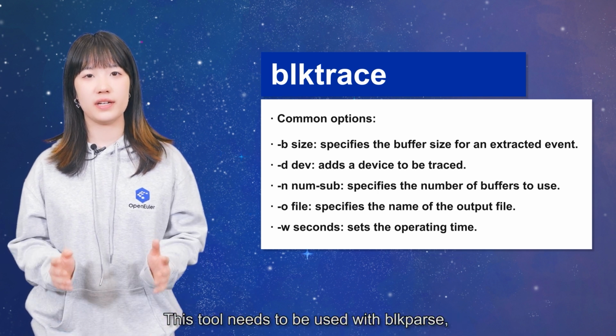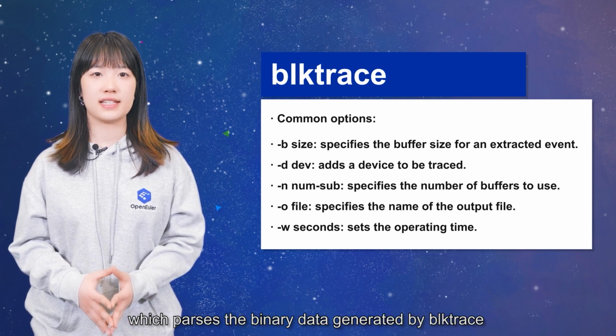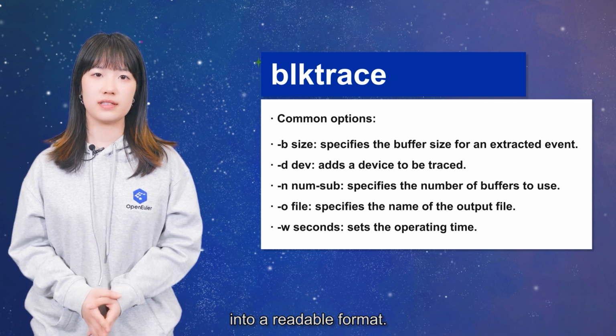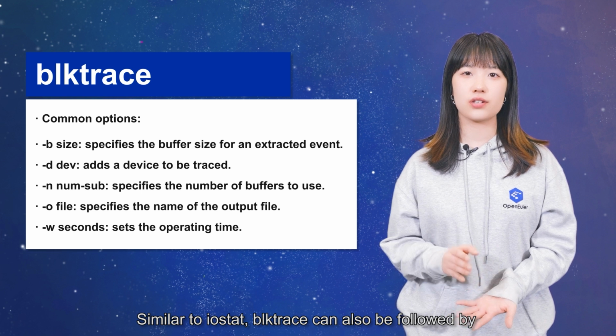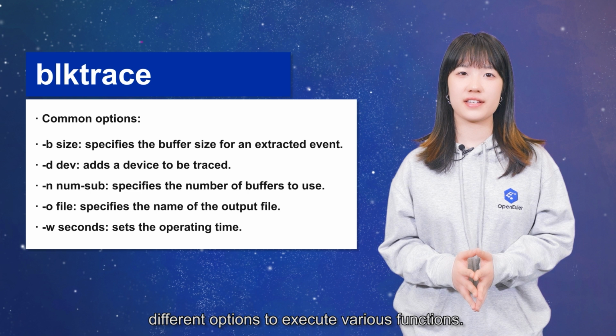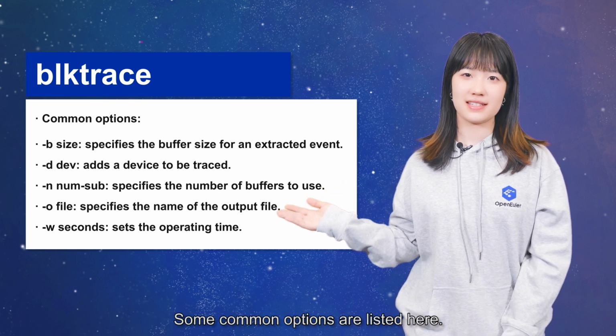This tool needs to be used with blkparse, which parses the binary data generated by blktrace into a readable format. Similar to IOstat, blktrace can also be followed by different options to execute various functions. Some common options are listed here.